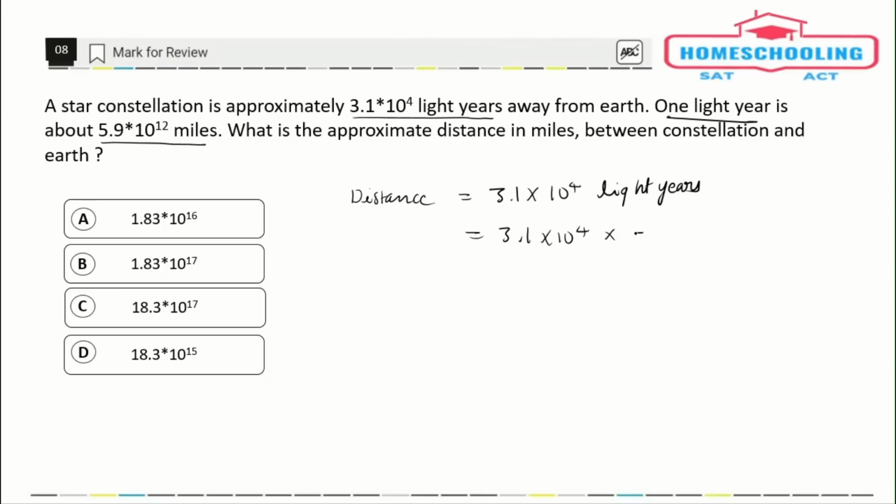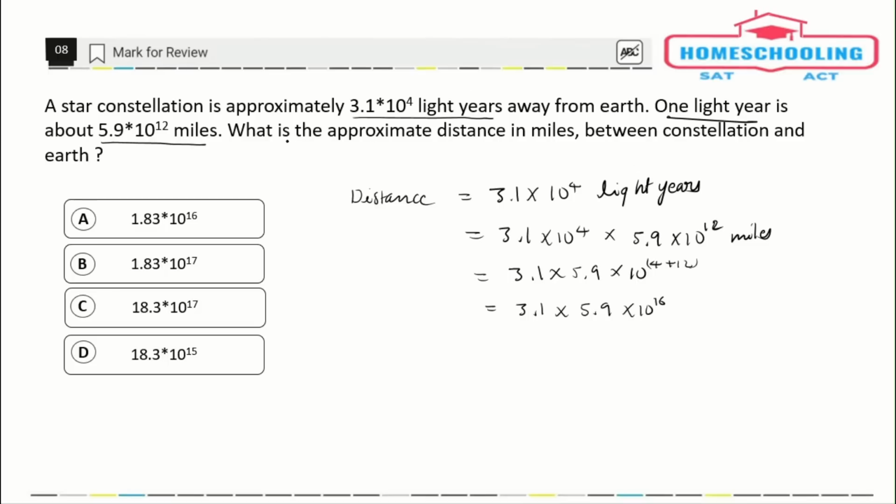So 5.9 into 10 to the power 12 miles. So what we can write is 3.1 into 5.9, and the 10 to the power 4 and 10 to the power 12 would be 4 plus 12. So this one would be 10 to the power 16. So 3.1 into 5.9 into 10 to the power 16 miles.